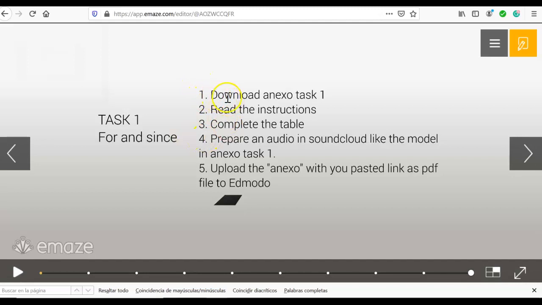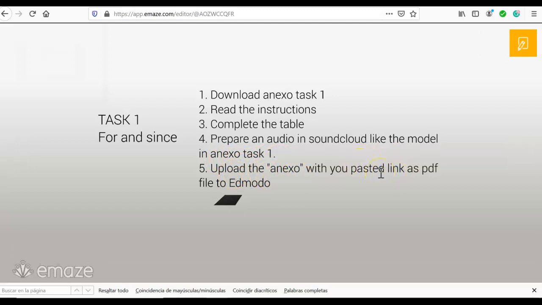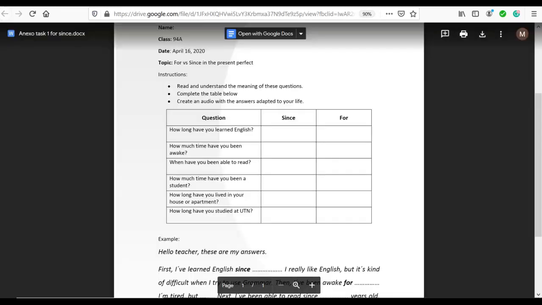It says: download Annexo task 1, read the instructions, complete the table, prepare an audio in SoundCloud like the model in Annexo task 1, and upload this Annexo with the pasted link as a PDF file to Edmodo.